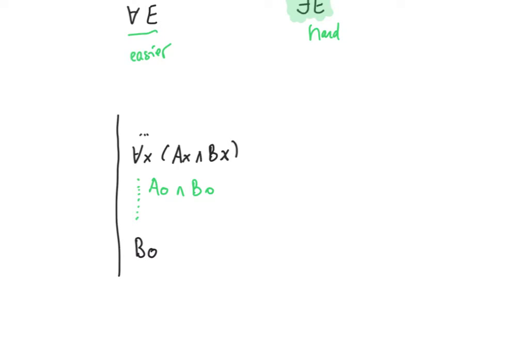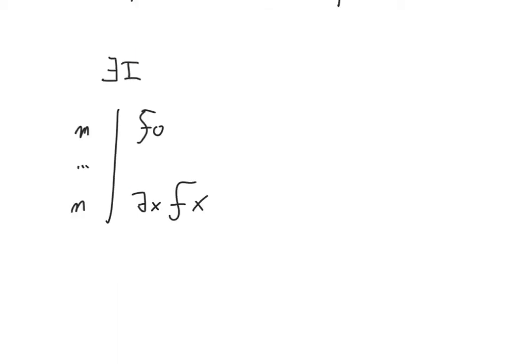In general, the rule of universal elimination allows you to go from a universal applying to some formula F to an instance of that formula where you just talk about a specific object O. So if on line M you have a universal formula, then on some later line N, you can just derive F of O. The idea is, if you know that everybody has the property in formula F, then you know that Bob has the property in formula F. Existential introduction is equally simple, and it goes in the opposite way.